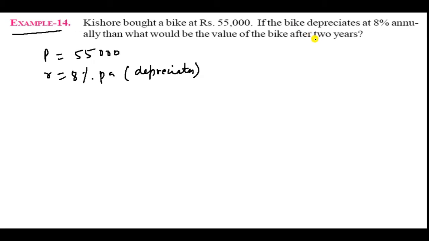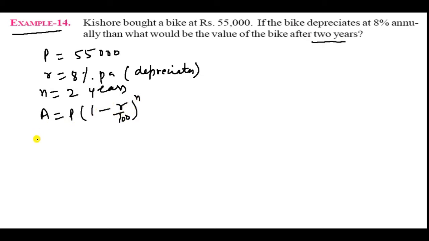So principal is given as 55,000 and R is given as 8% per annum. You can write depreciates. Now after 2 years, so n is 2 years.